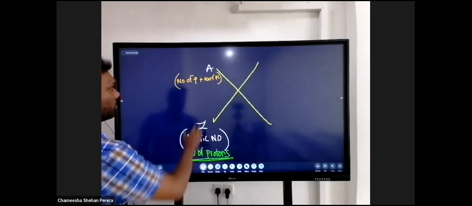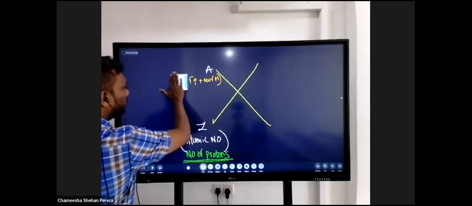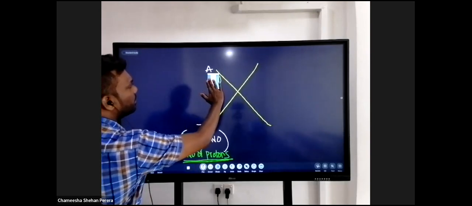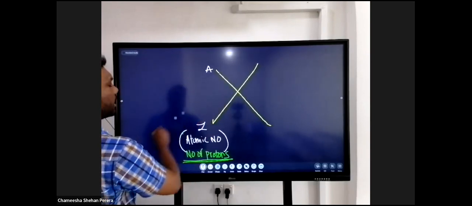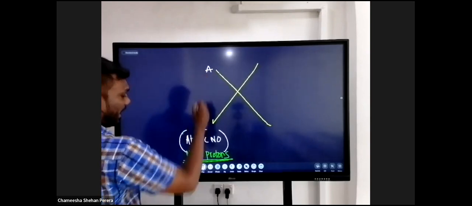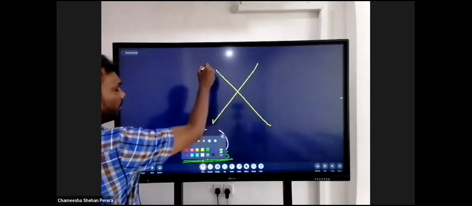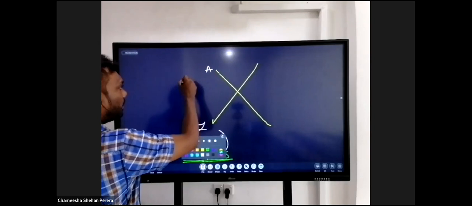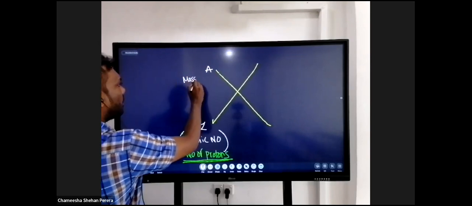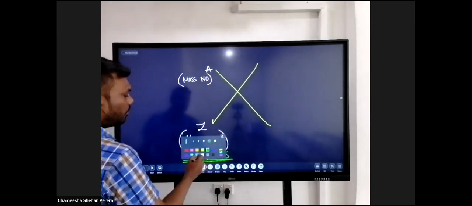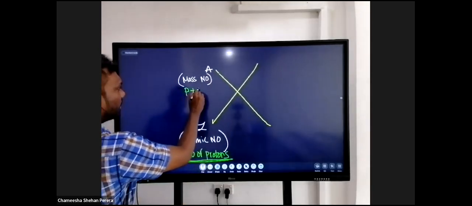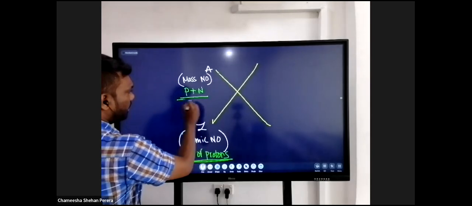What is symbolized at the top? The mass number. How is the mass number found? Protons plus neutrons. This is how it is done.